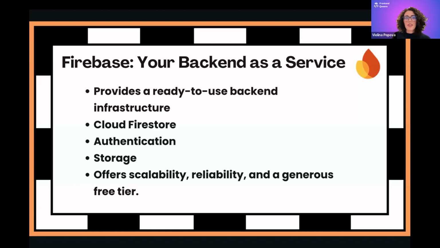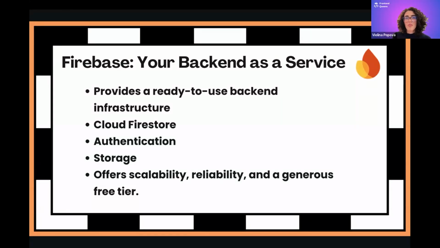The key benefit here is that Firebase provides a ready-to-use backend infrastructure. This means you don't have to worry about setting up and managing your own servers, which can be complex and time-consuming. Firebase takes care of all that for you.